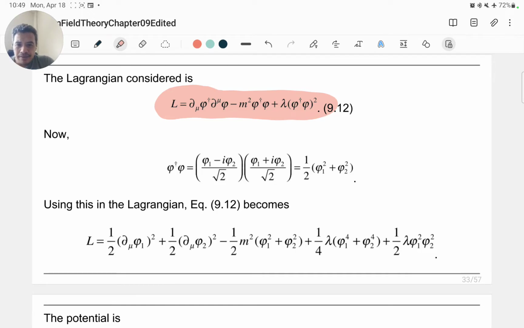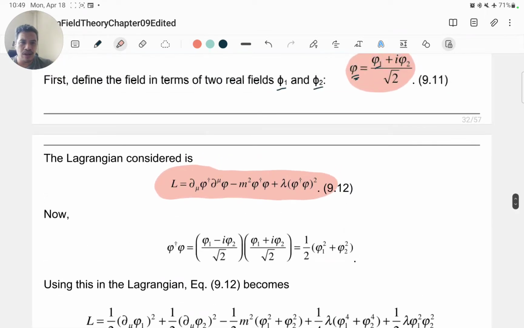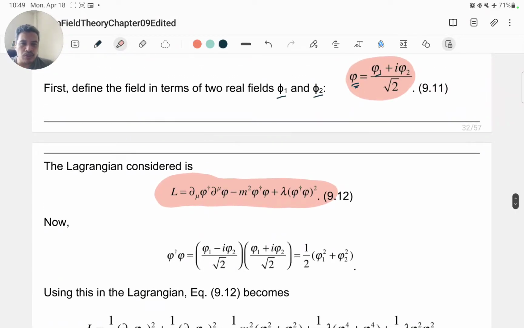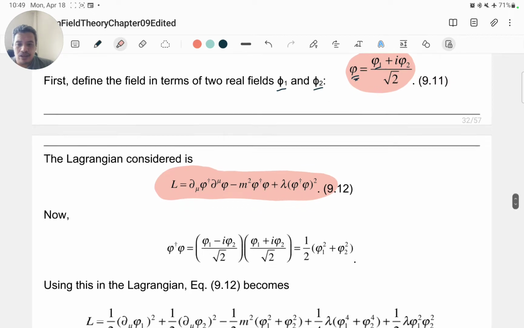Now you have the field defined by phi 1 minus i phi 2 plus i phi 2 over square root of 2, where the square root of 2 is just the normalization constant of the field.